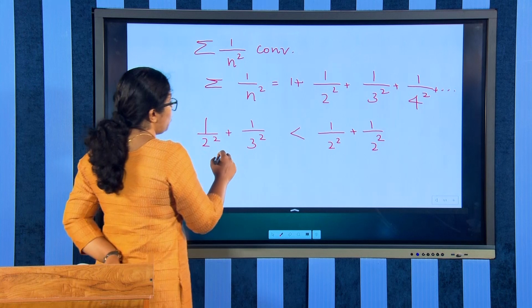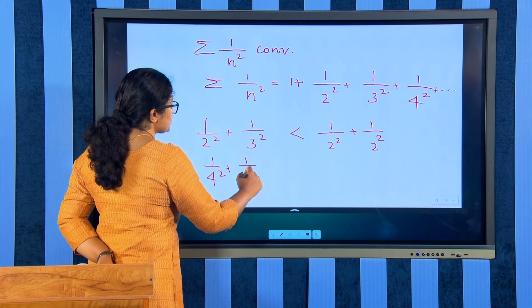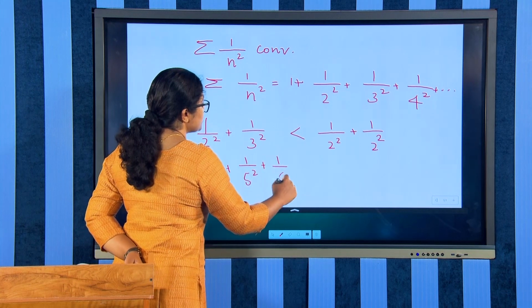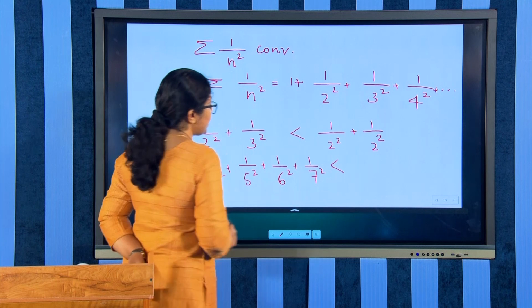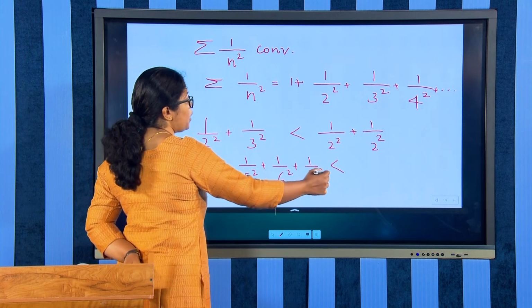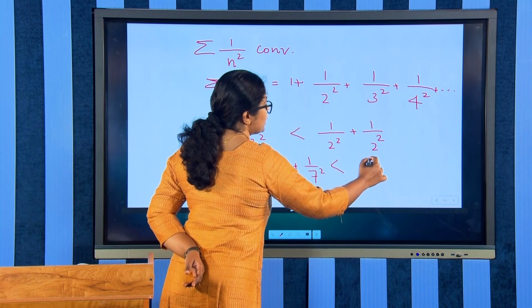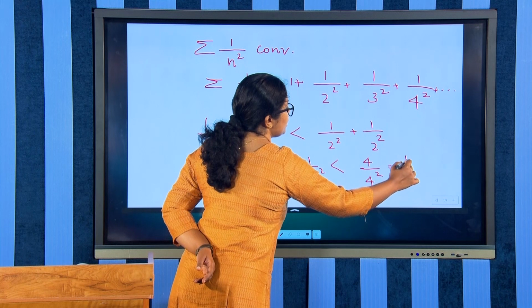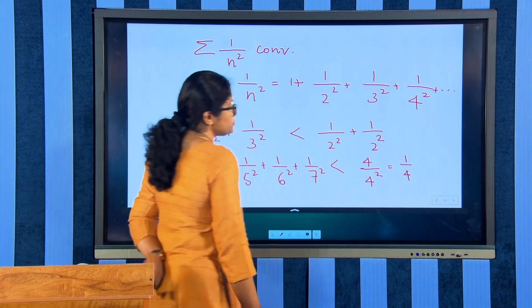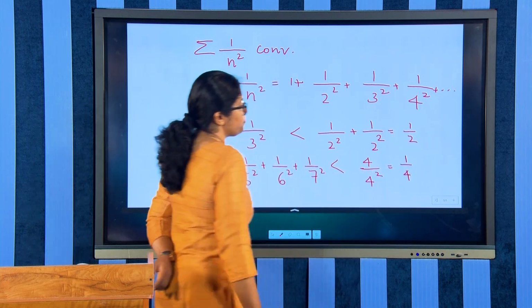Similarly, if you take 1 upon 4 square plus 1 upon 5 square plus 1 upon 6 square plus 1 upon 7 square and replace every higher term with the least term here, we will be getting 4 upon 4 square, and that is exactly equal to 1 by 4. And this is exactly equal to 1 by 2.